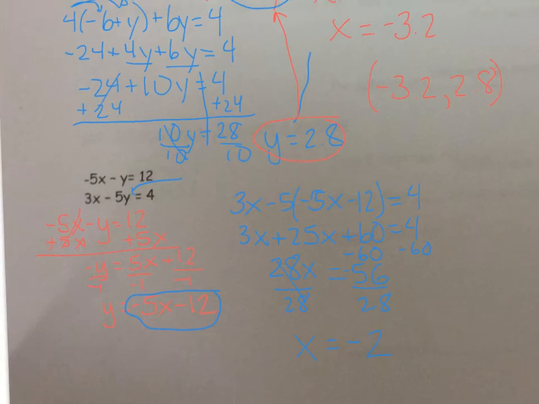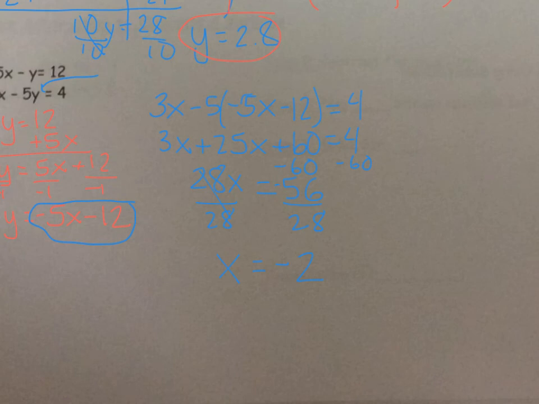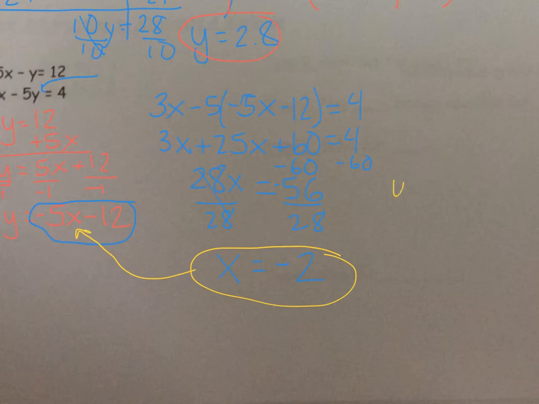That feels a little hard to read. So if x is negative 2, let's take that negative 2 and put it back into this equation right there. So y equals negative 5 times negative 2 minus 12.